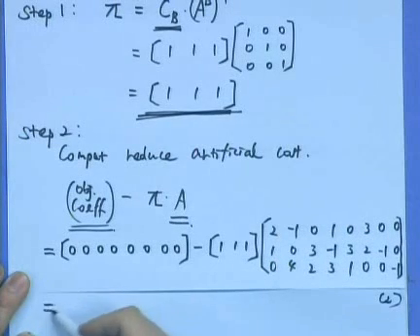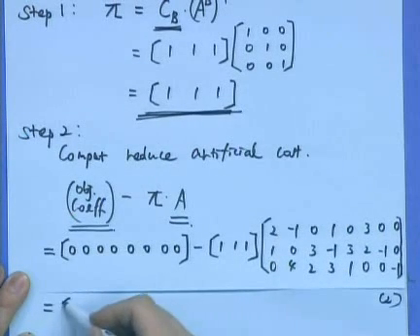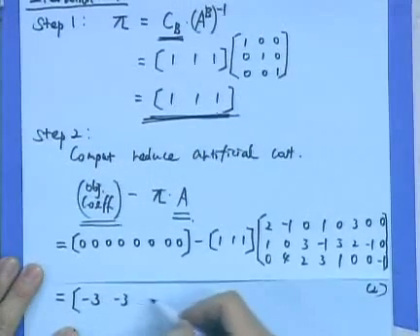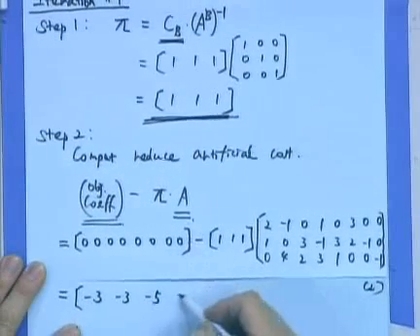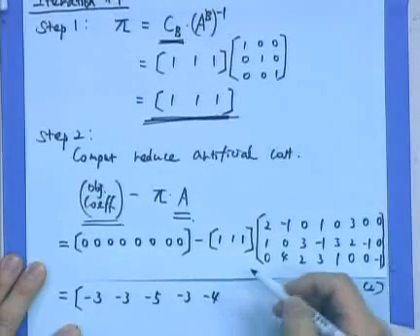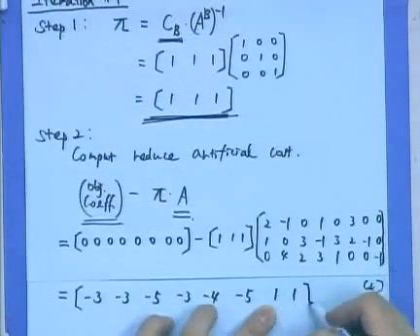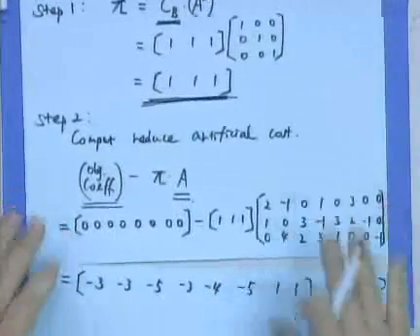Then we will obtain negative 3, negative 3, negative 5, negative 3, negative 4, negative 5, and 1, 1. Okay? As a result.